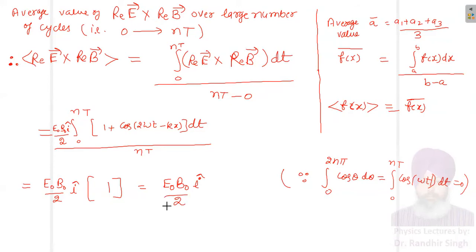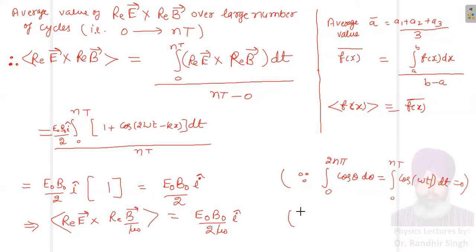Now you can divide both sides by mu naught. If I divide both sides by mu naught, this quantity will become the real part of E cross the real part of B vector upon mu naught, average, and this will be E0 B0 upon 2 mu naught i cap.